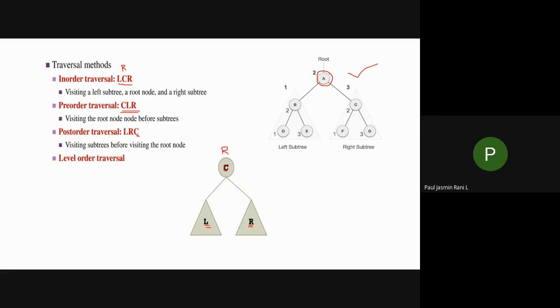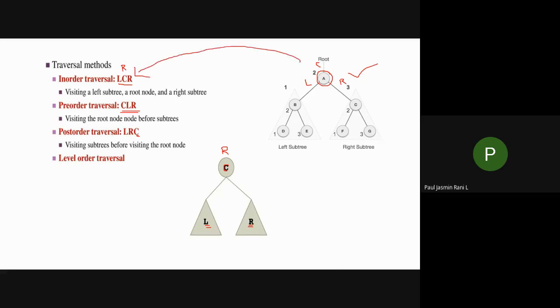So when you have to visit this root node, when you have completed all the elements in your left subtree, then you have to visit this A, that is, print this A. After that only you go for your right. So that is L, C, R. This is the rule to be followed in in-order traversal.